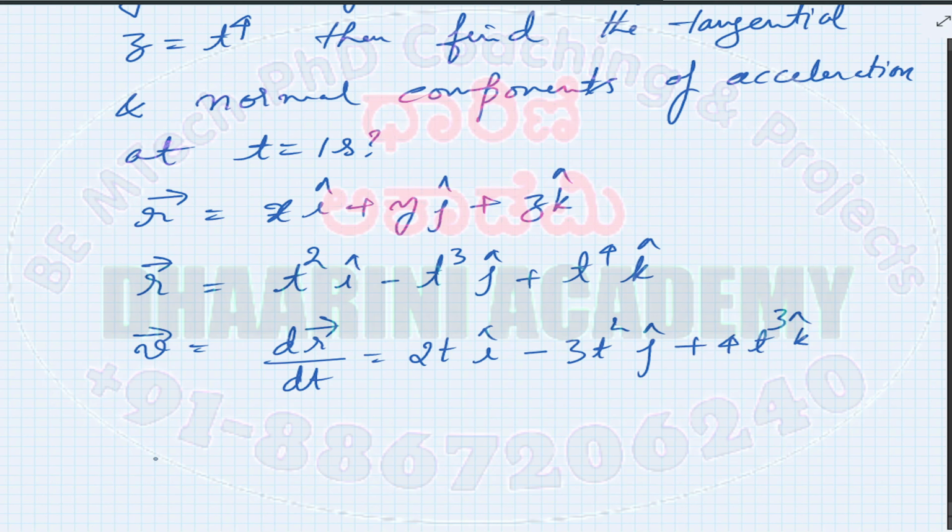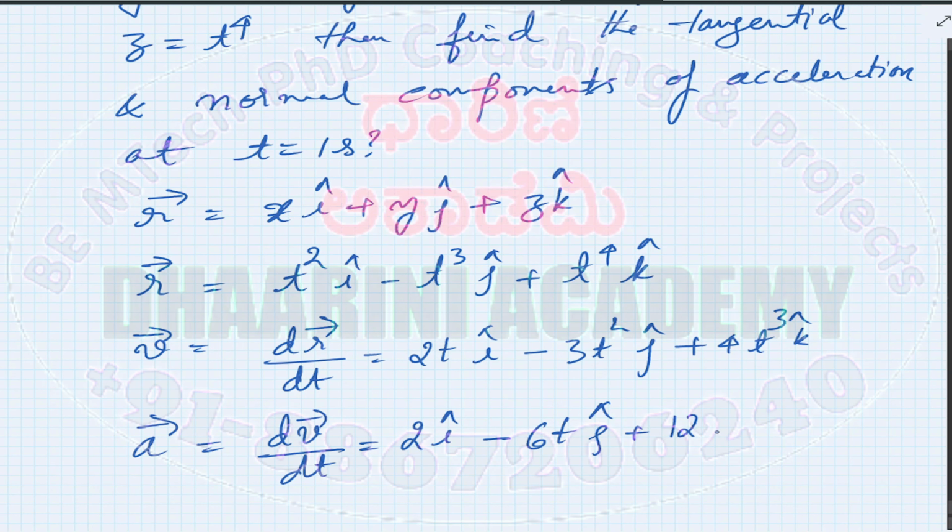This is v. All right. Then similarly, I can find the acceleration, which is differentiation of v with respect to time. So what is dv by dt? Differentiate the above equation. 2t becomes simply 2 into i cap, minus 3t square becomes 6t into j cap, right? 4t cube becomes plus 12t square into k cap.